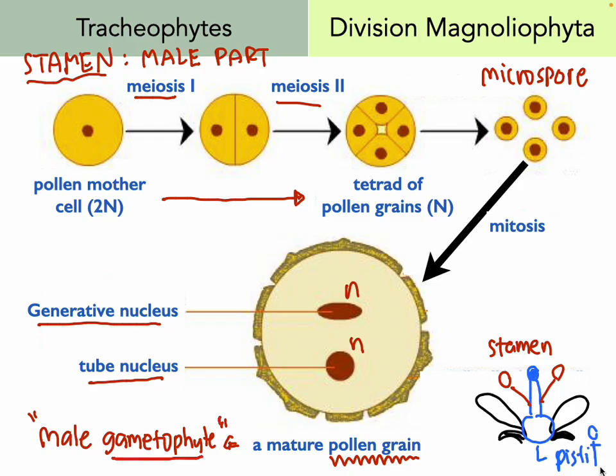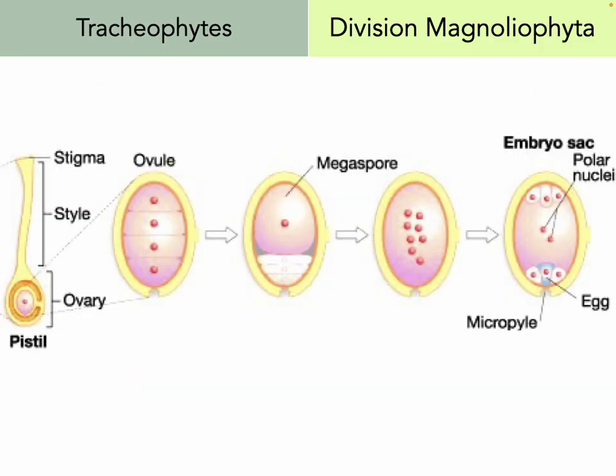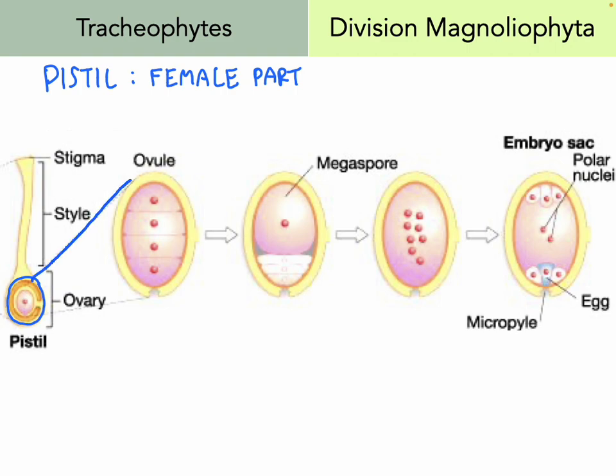Okay. And we'll switch to female part, the pistil. Inside the pistil, the pistil is a female part. In the female part, we look inside the ovary. And in the ovary, you have ovule, right? This zoom in, the pink part here is the ovule.